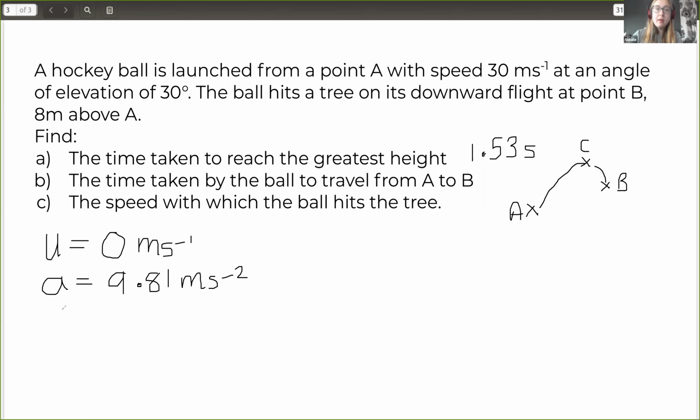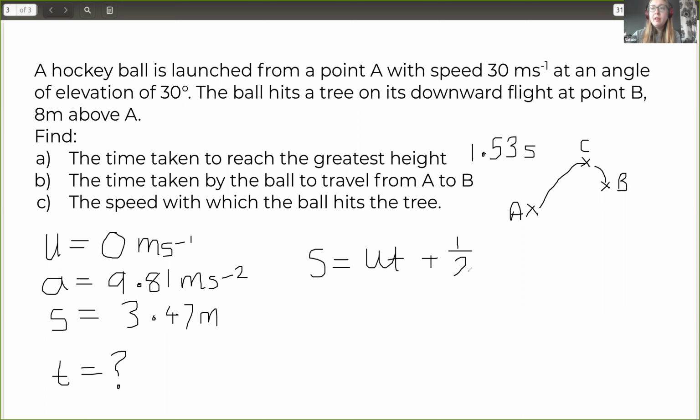We can use that our distance we're going to travel is 3.47 meters vertically. And so our time can be worked out by using S is equal to UT plus a half AT squared.